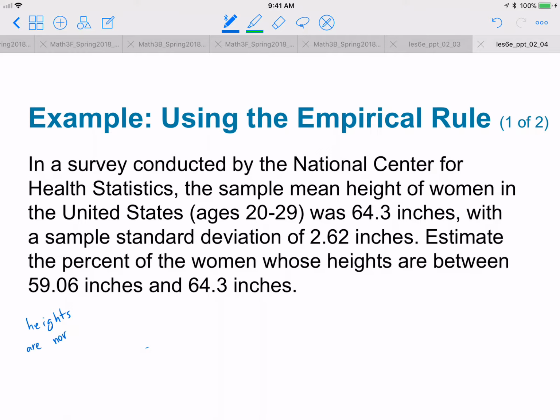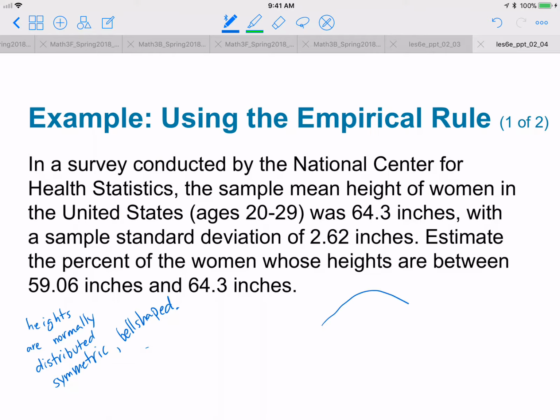What do I mean by normally distributed? I mean the heights are symmetric and bell-shaped.